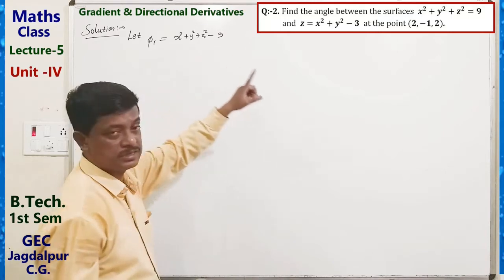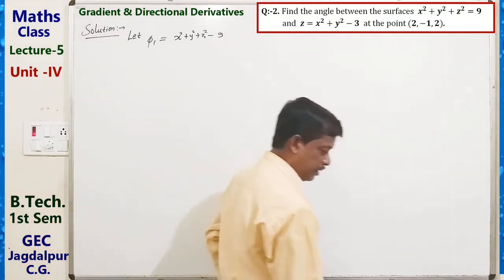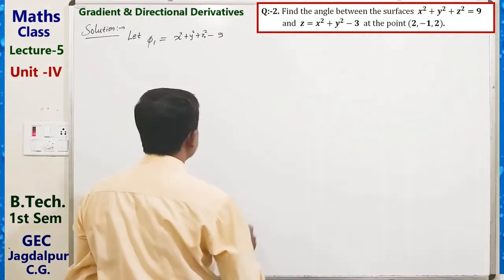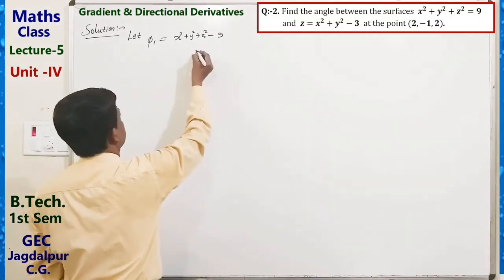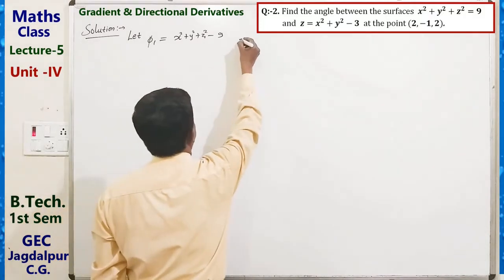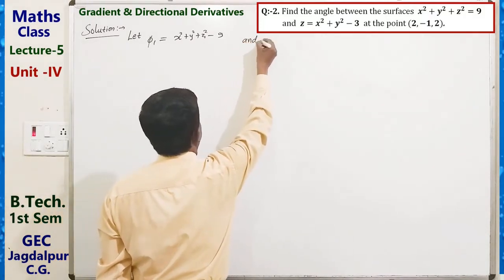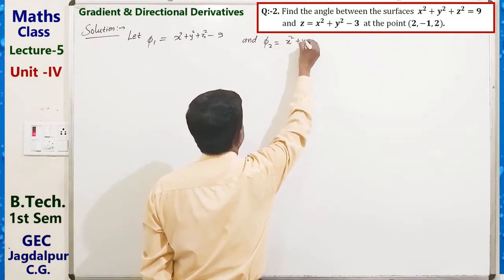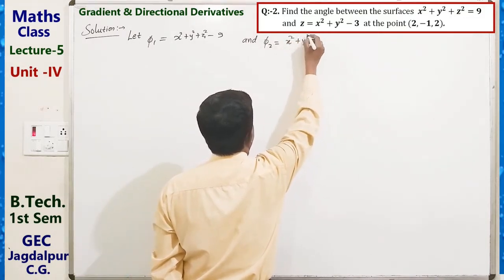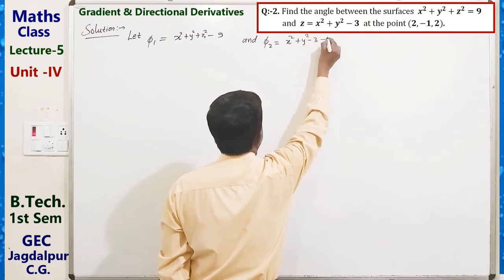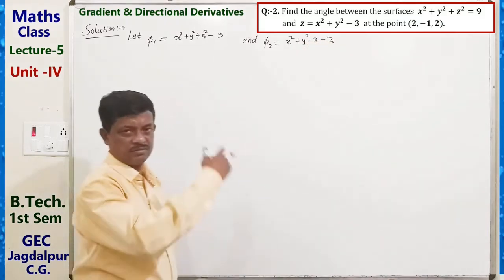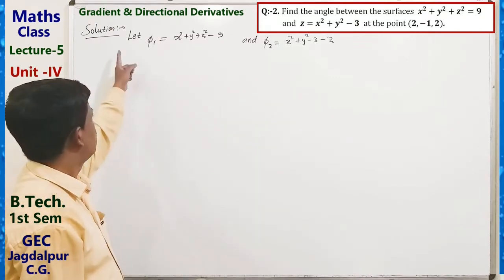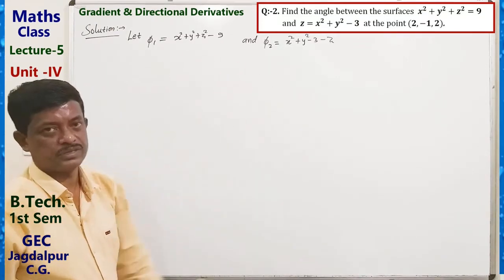This is the first surface. And the second: φ2 = x² + y² − 3 − z. Just take everything on one side. This is φ2. Let φ1 and φ2 be the two surfaces.